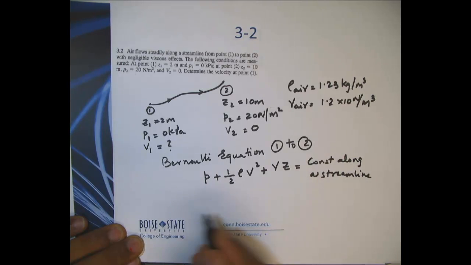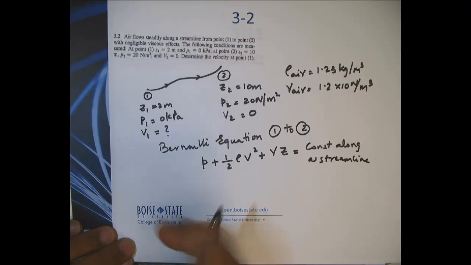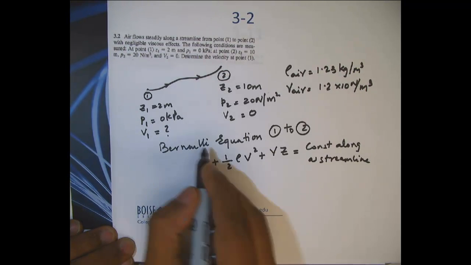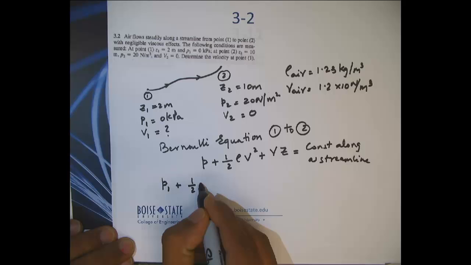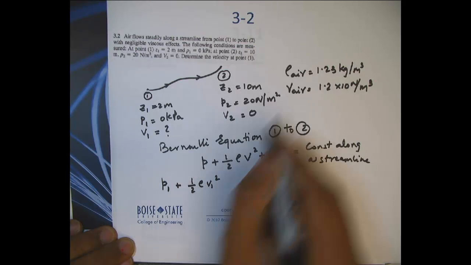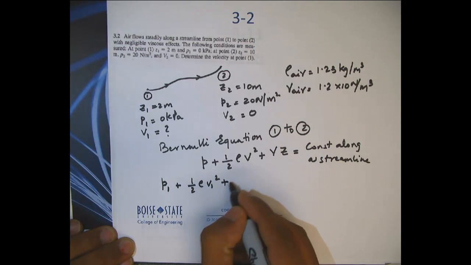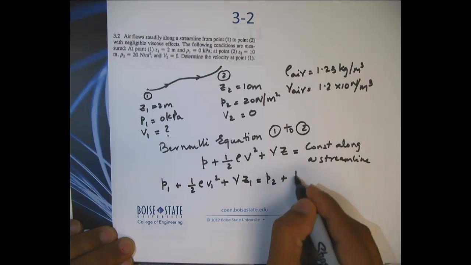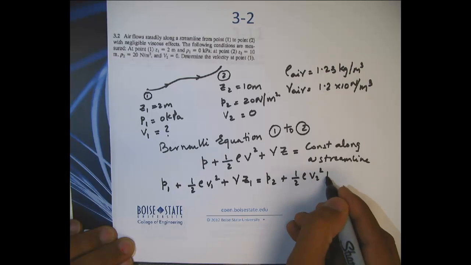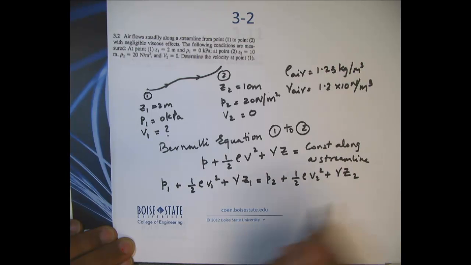So I can write this for our system along this streamline going from 1 to 2. P1 plus half rho V1 square, where rho here is rho air, plus gamma Z1 equals P2 plus half rho V2 square plus gamma Z2.